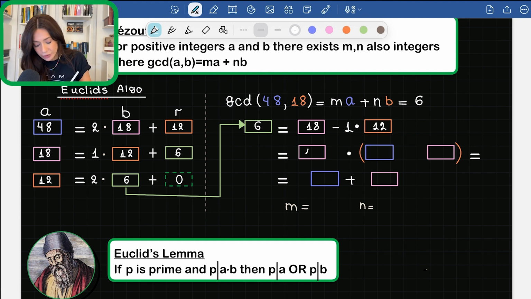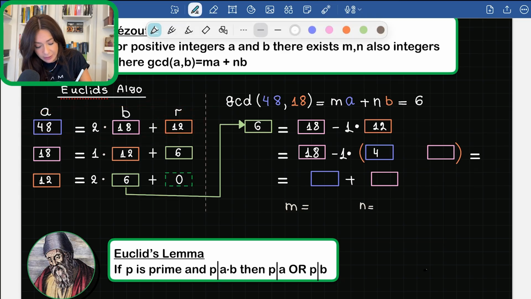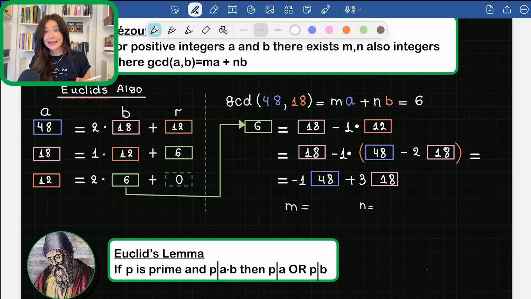Okay, so we'll just copy paste that 18 and then minus 1. And instead of 12, I will get my 12 from this expression. So that's 48 minus 2 times 18. Okay, and if you FOIL that, you will get negative 1 times 48 plus 3 times 18. Okay, negative 1 is your m, and 3 is your n.